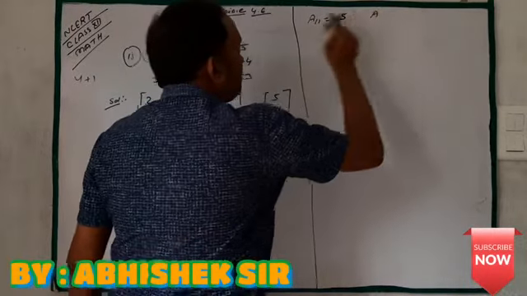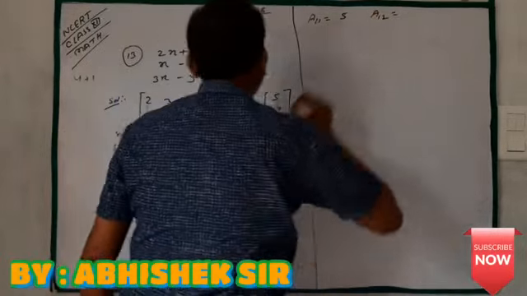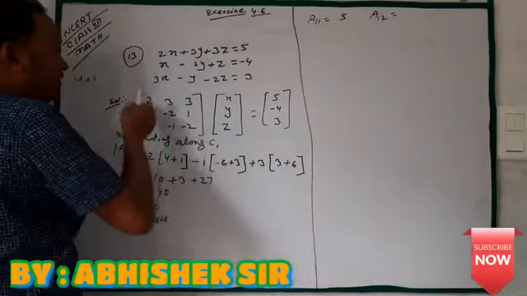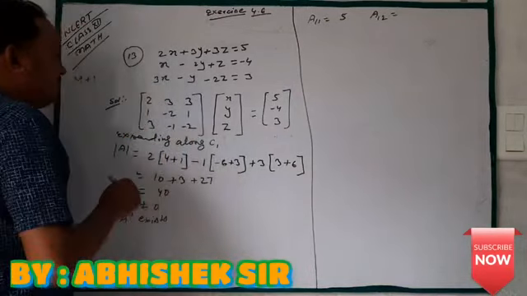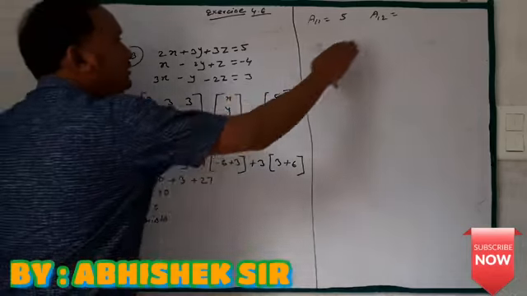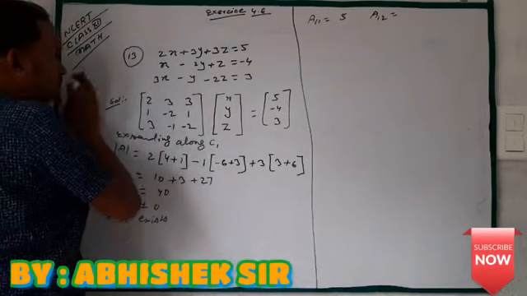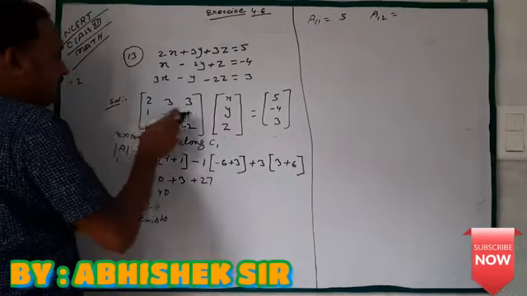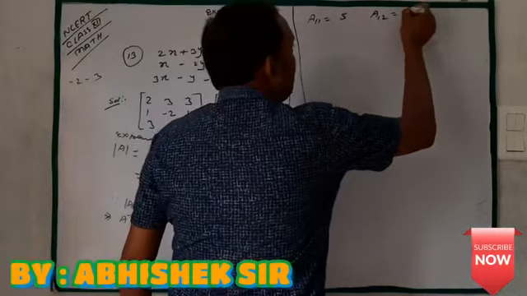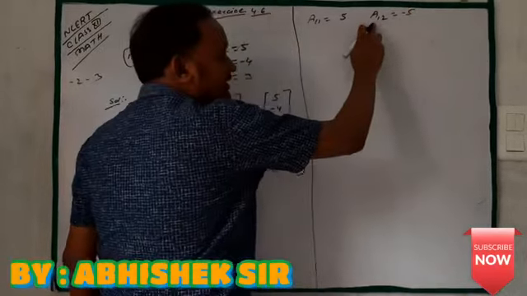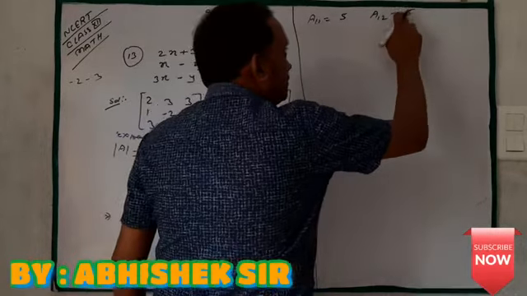It is positive because 1 plus 1 is 2. We have to hide first row and first column. First row second column, minus 2 and minus 3, minus 5, and since this is the place of negative, this becomes positive.